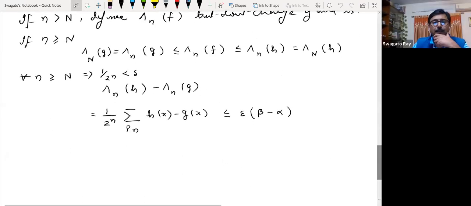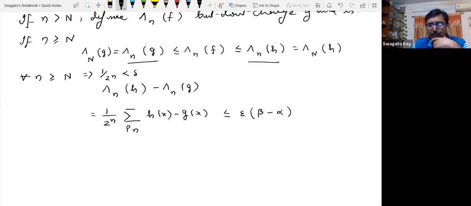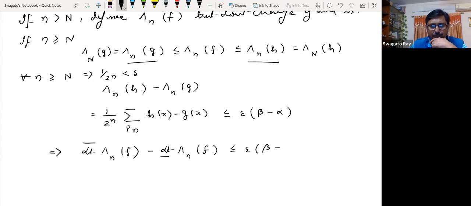So what does that imply? The difference between lambda n G and lambda n H, these two quantities, is at most epsilon times b minus alpha. So I say that this implies that the distance between the limit superior and the limit inferior of lambda n, these are basically limits of certain subsequences, also has to be less than or equal to epsilon times (b minus alpha).